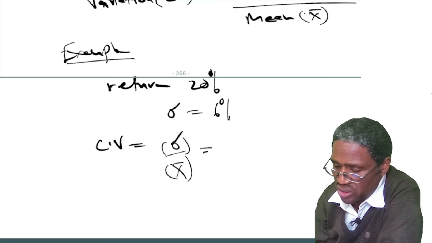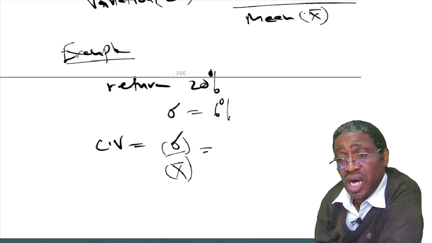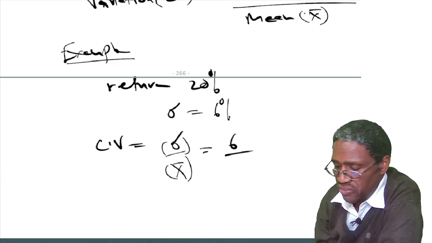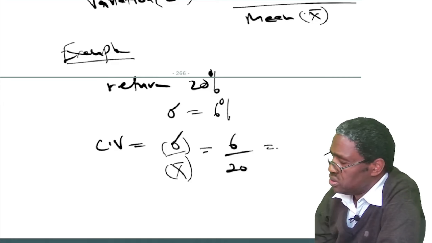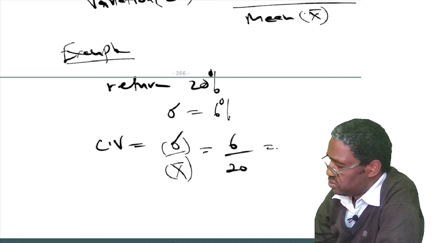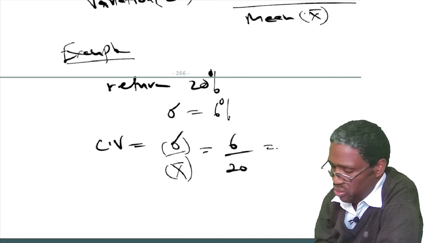You now know what these symbols represent. Our theta is 6%. Divide that by 20. What does it come to? 6 divided by 20 is 0.3.